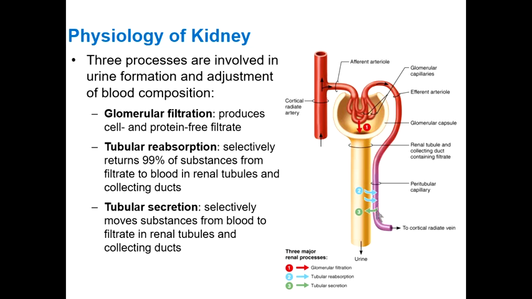And step 3, tubular secretion, a tiny bit, very selective, gets fine-tuned and returned to the kidney tubules as our final product that's going to eventually become urine and leave our system. So the next bundle of videos that are coming up are going to go through these 3 steps of urine formation, beginning with glomerular filtration.